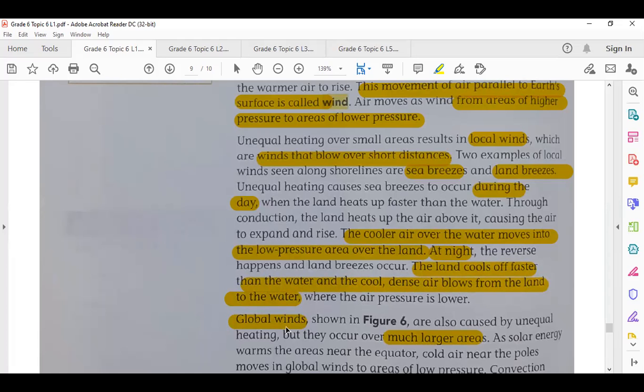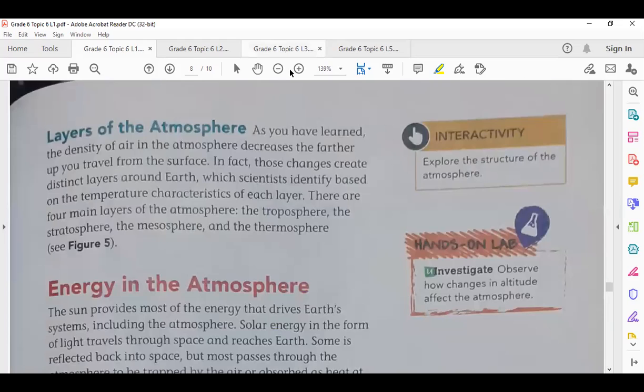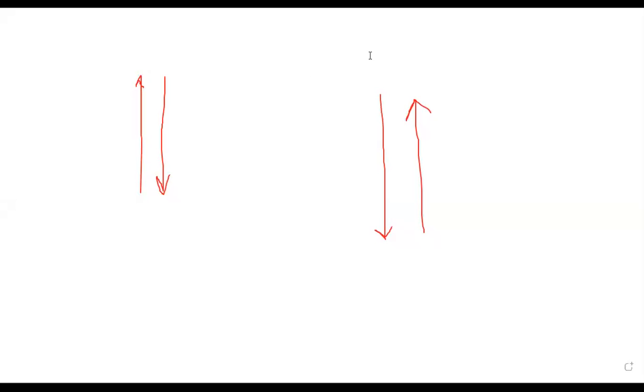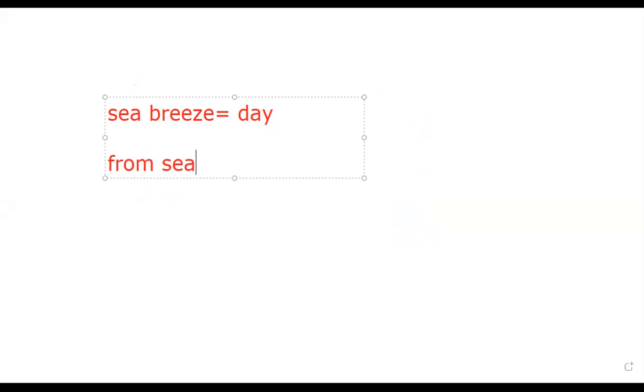Okay, so let me write it down for you easily so you can understand it. Sea breeze happens during the day, and it means from sea to land.